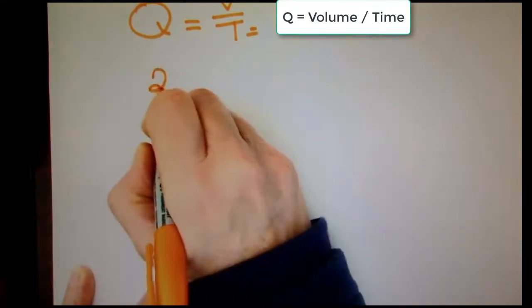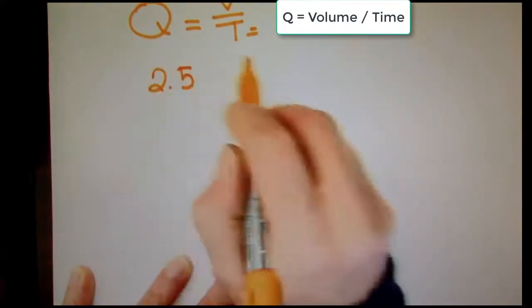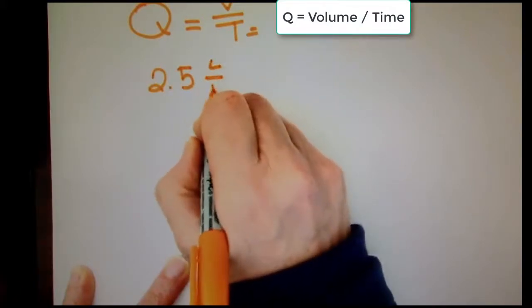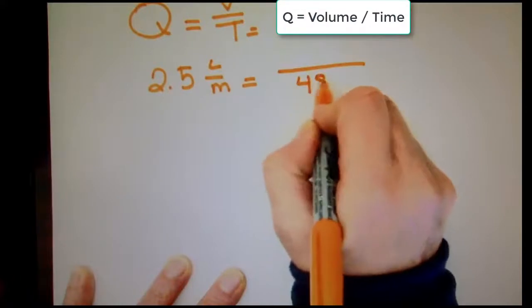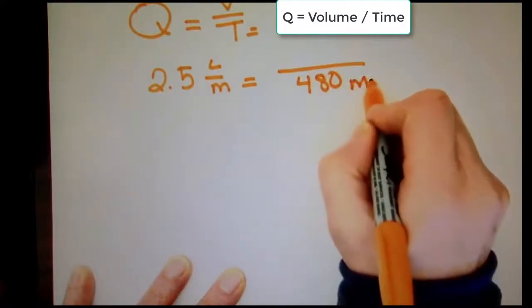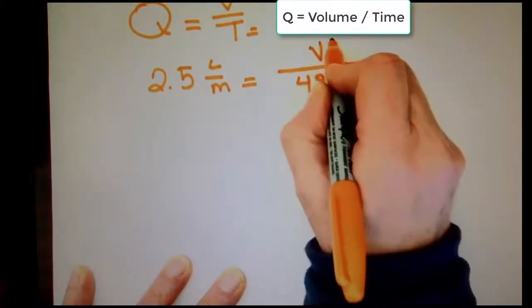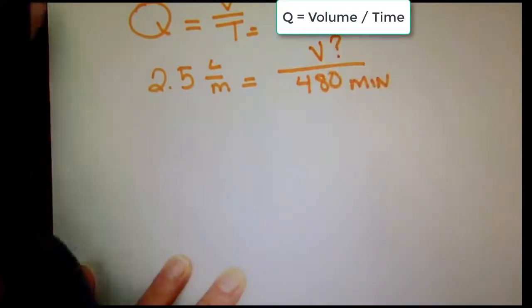So if we sampled at a rate of 2.5 liters per minute for 480 minutes, what is our sample volume?